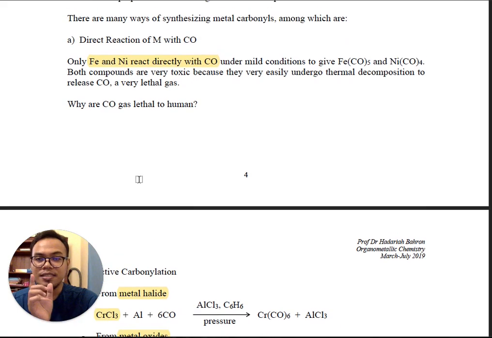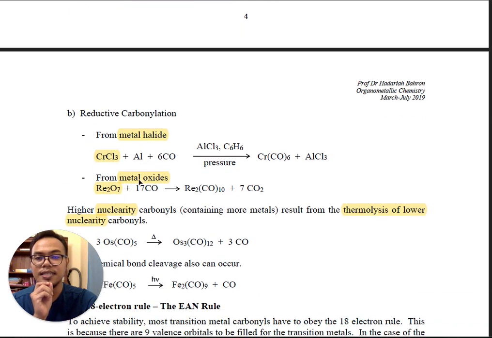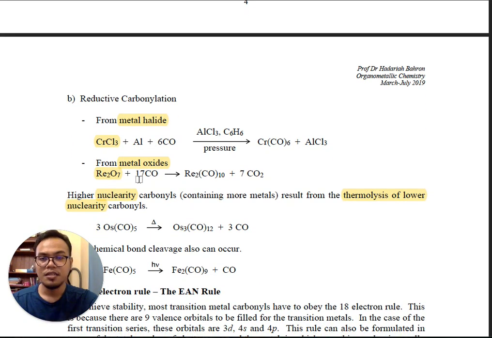So the first type is direct reaction between metal and carbon monoxide, and the second is reductive carbonylation. When I say carbonylation, that means you are passing through carbon monoxide gas. We can use two kinds of compound, metal halide as well as metal oxide. An example of a metal halide is chromium trichloride.